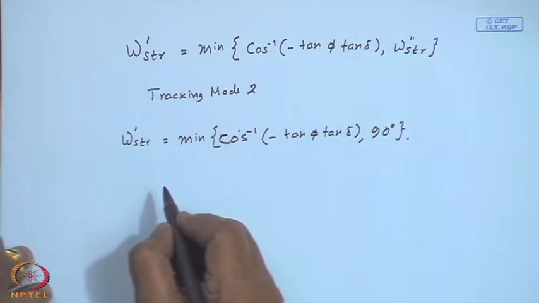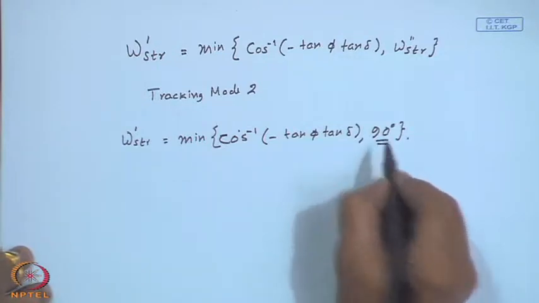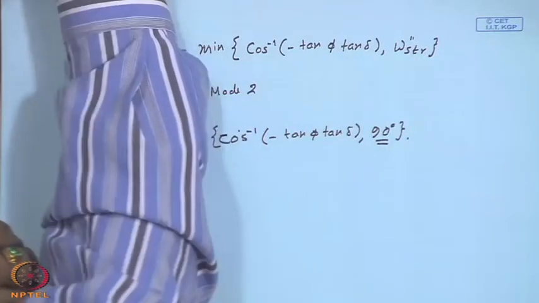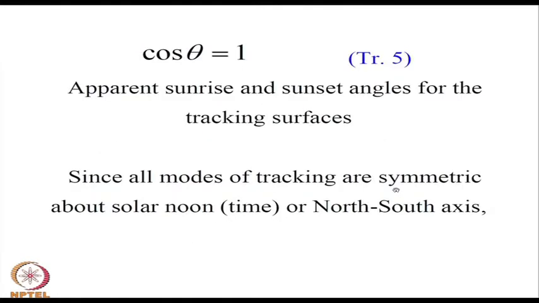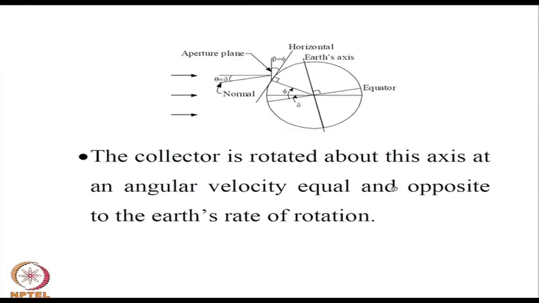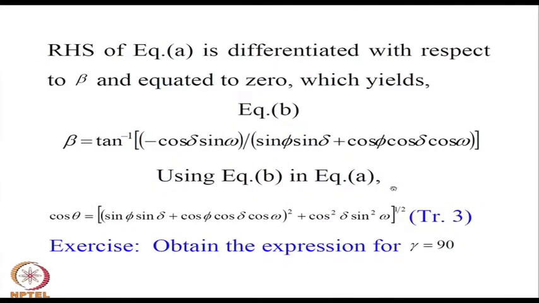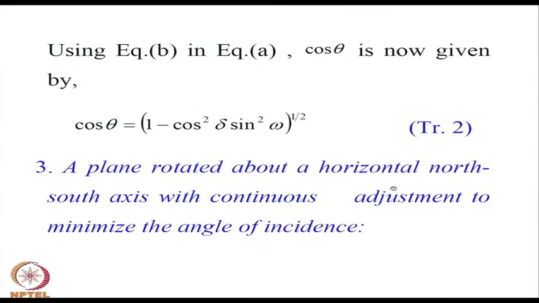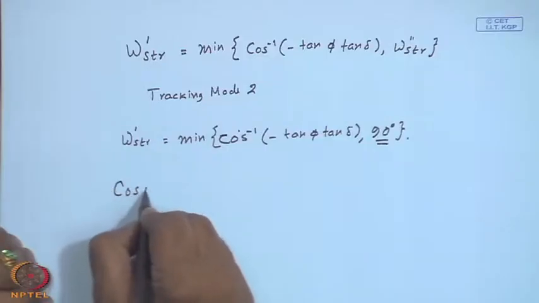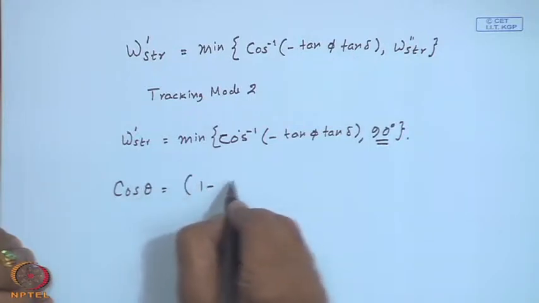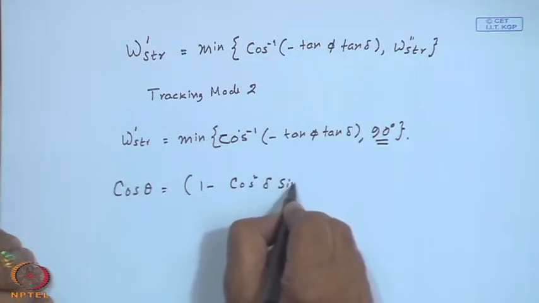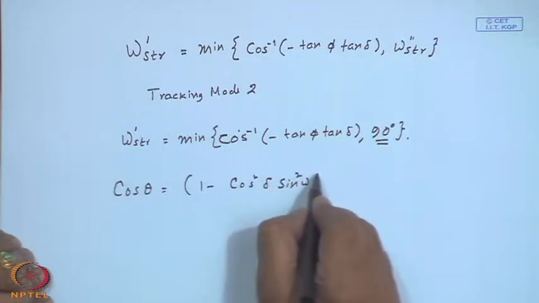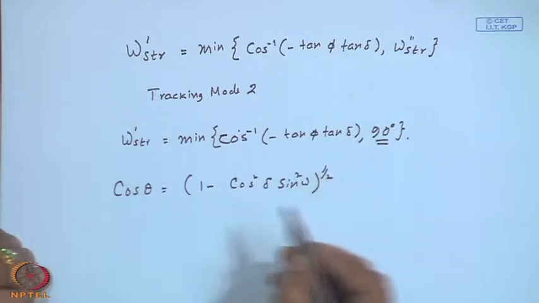Now, you will find that this 90 degrees comes from, if you look at your tracking mode 2, this is the one. Cos theta is 1 minus cos squared delta sin squared omega to the power 1 half.